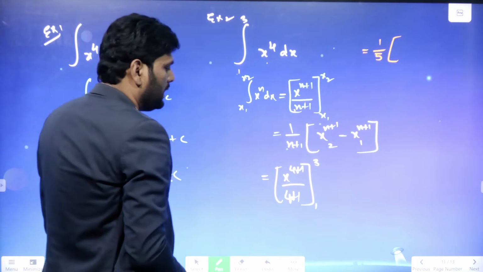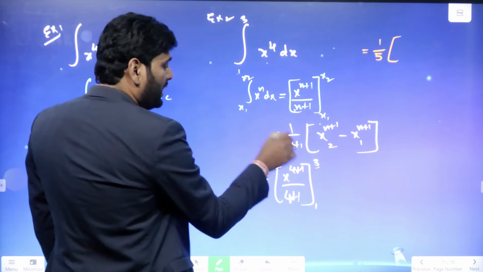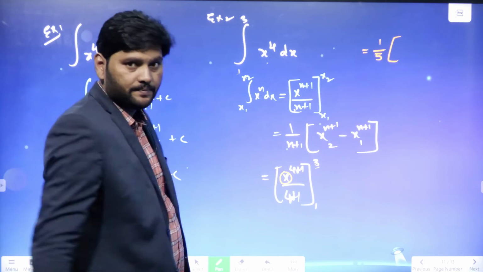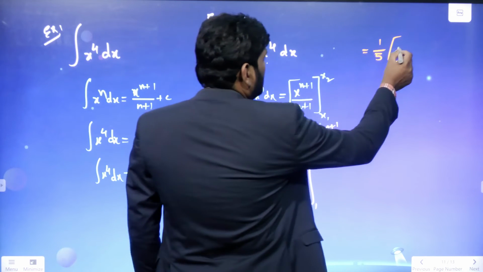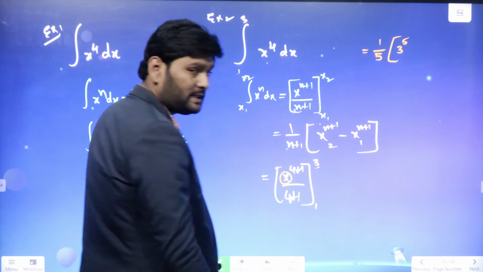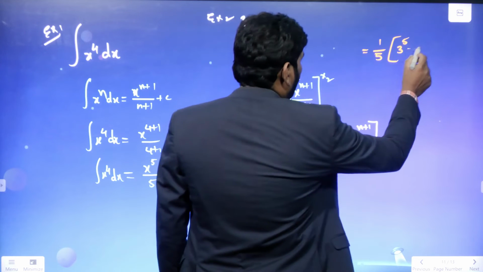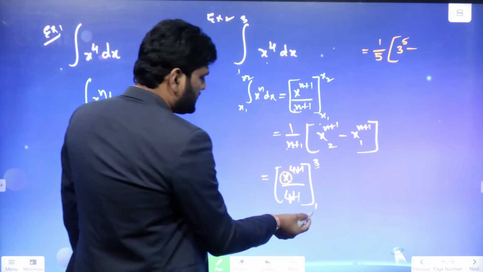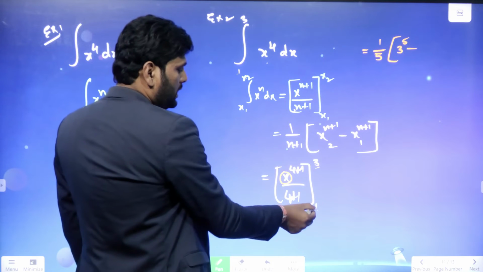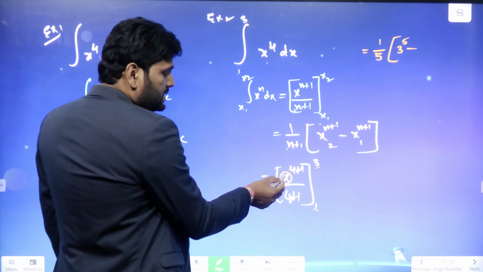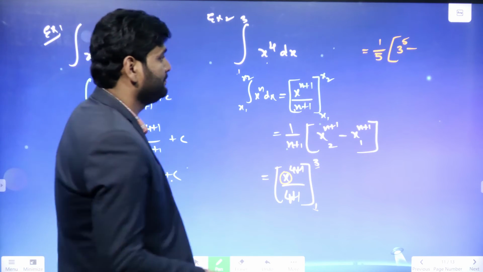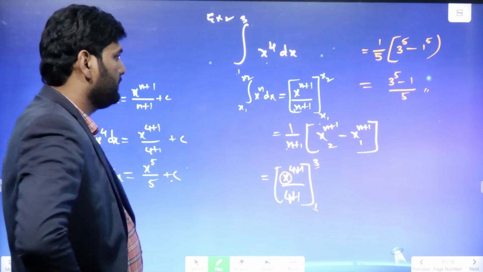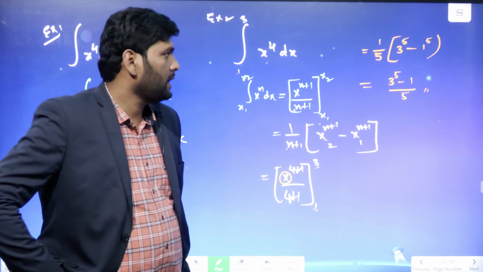First apply the upper limit, which is 3, instead of x. So 3 power 5, minus, next, the lower limit, which is 1, applied instead of x, so 1 power 5. Now simplify it. Better note this down. This is the way you will apply the formulas.